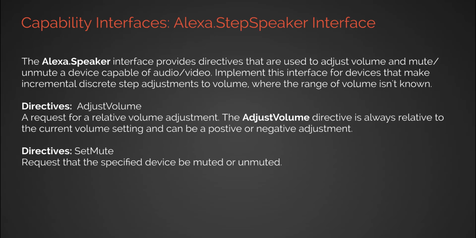This interface is very similar to the previous interface, and the main difference is that in the last one I was talking about that scale, the lowest value and the highest value. In this case, we're dealing with a speaker device with an unknown range of volume, so think of legacy devices that were in development or in production really long before Alexa came along. That might be the case where you would be using these types of interfaces as opposed to the other one.